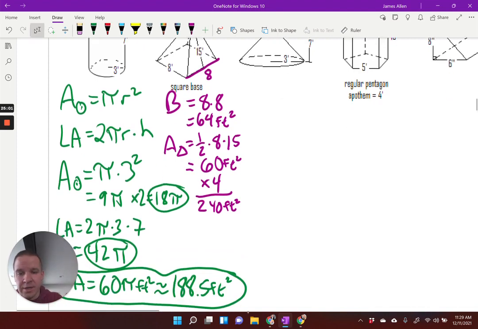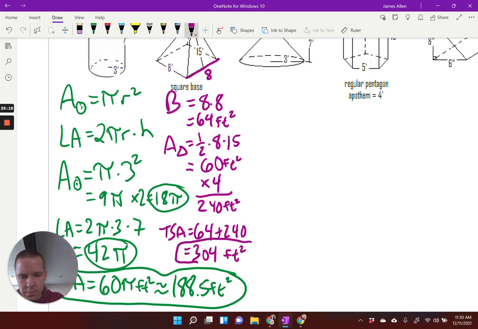So my total surface area equals the 64 that we had plus 240. So 64 plus 240 is what, 304? 304 feet squared. Final answer. Woo! All right, saved a little space by getting a little more vertical there.